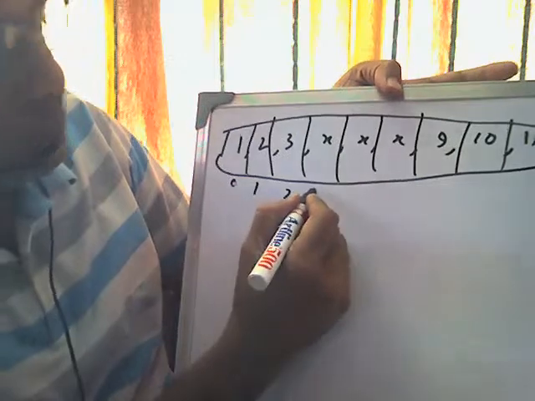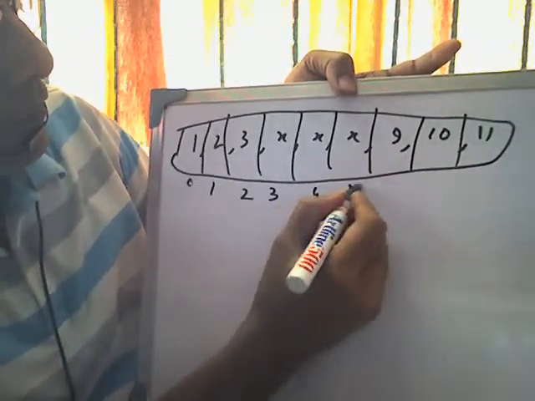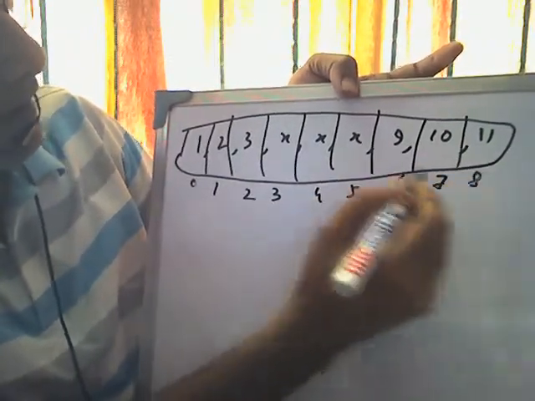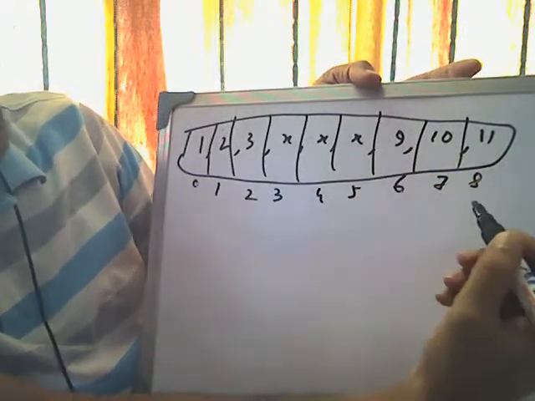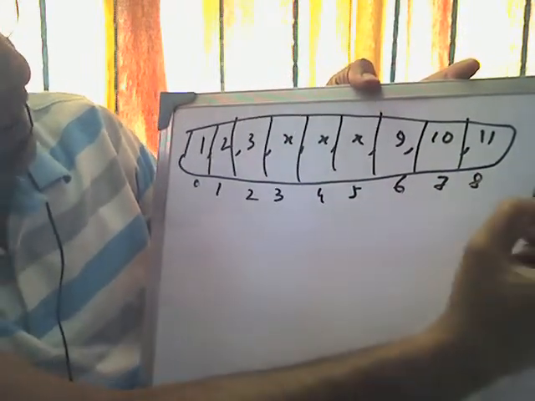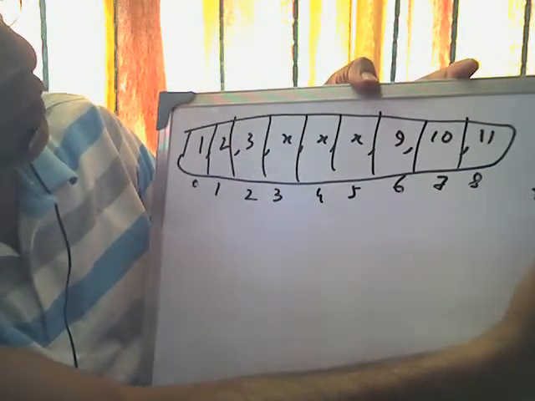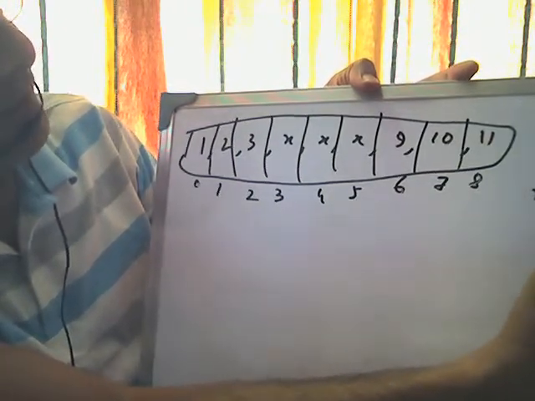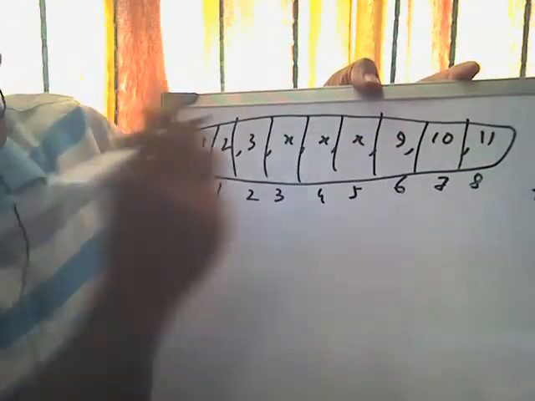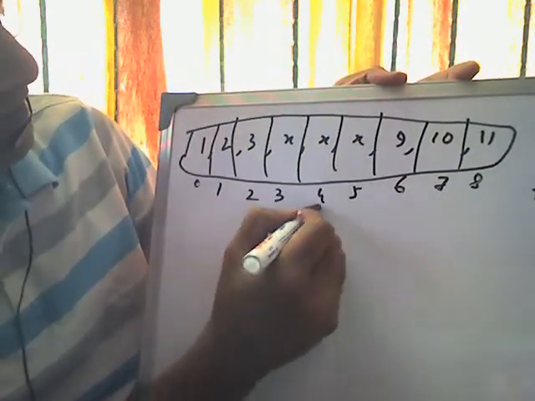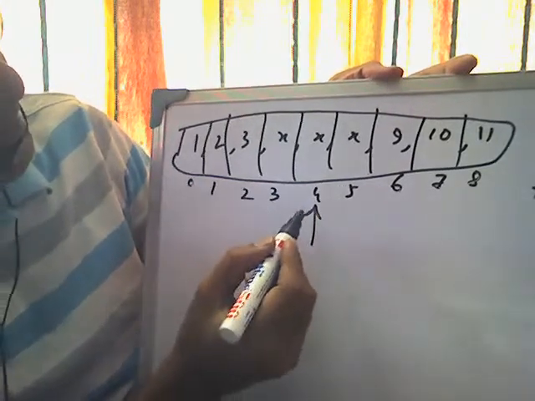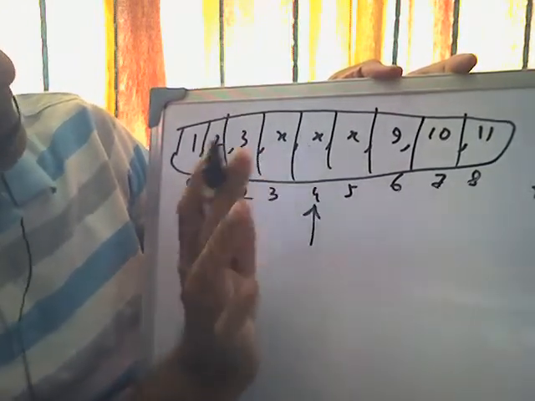Indices 0, 1, 2, 3, 4, 5, 6, 7, 8. Now, what is the first step of binary search? Mid is equal to 0 plus 8 by 2, that is 4 here. What is that position? This very position is here. You see this. That means x is found in this place.